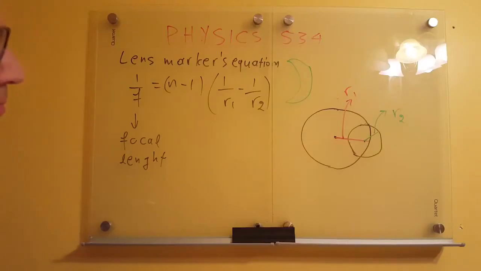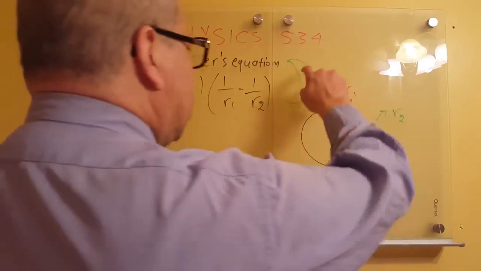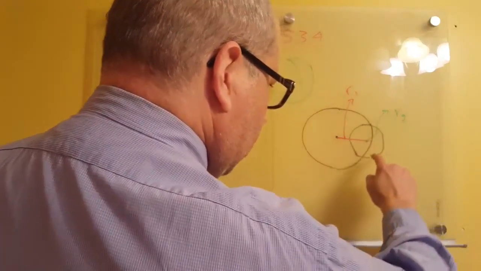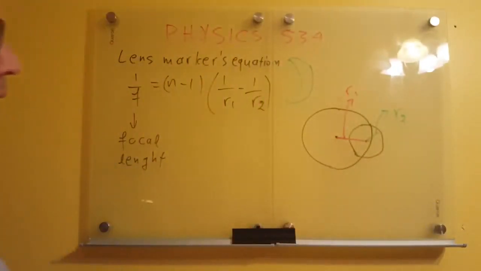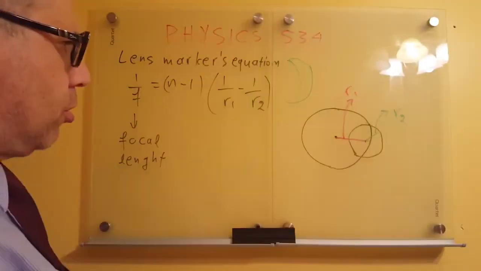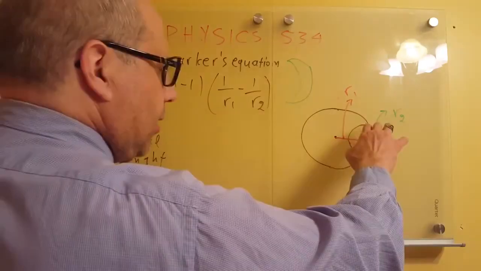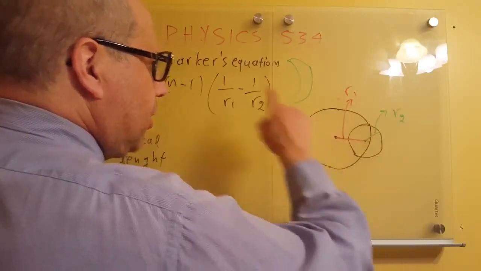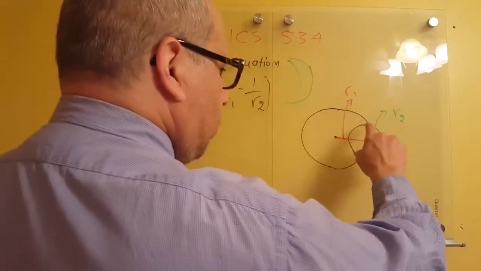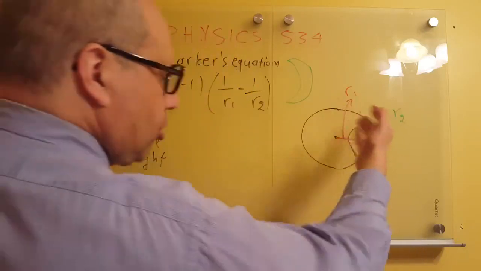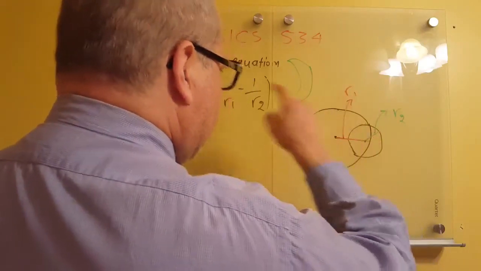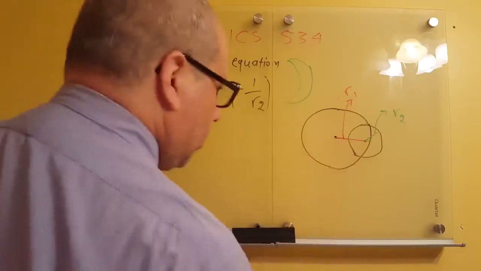Okay, so now this here, I mean, it's a lens. So now R1 is the radius of curvature of the part of the lens which is closer to the object.